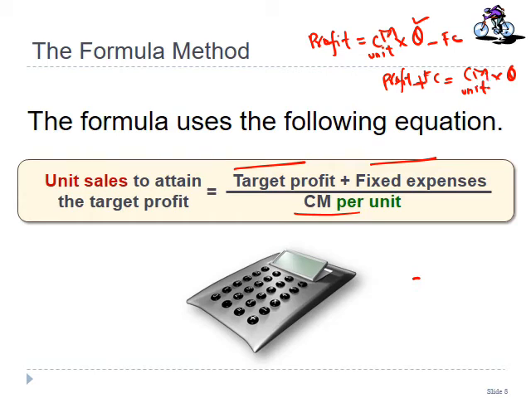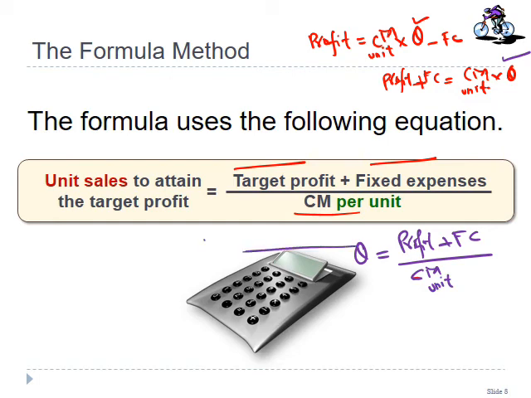So if you want to solve for Q, Q is equal to profit plus fixed cost divided by CM. That will result in the number of units.